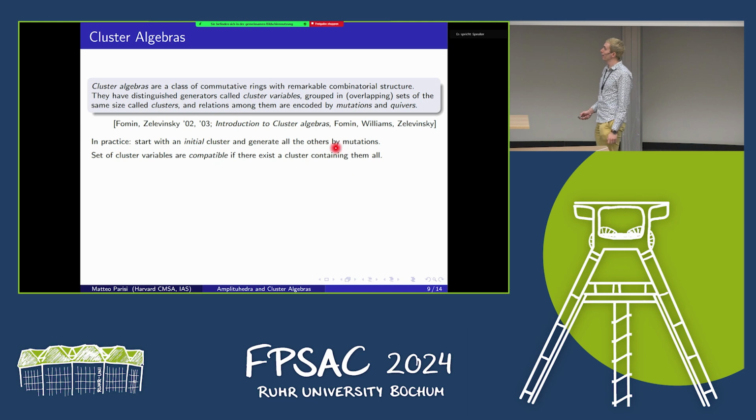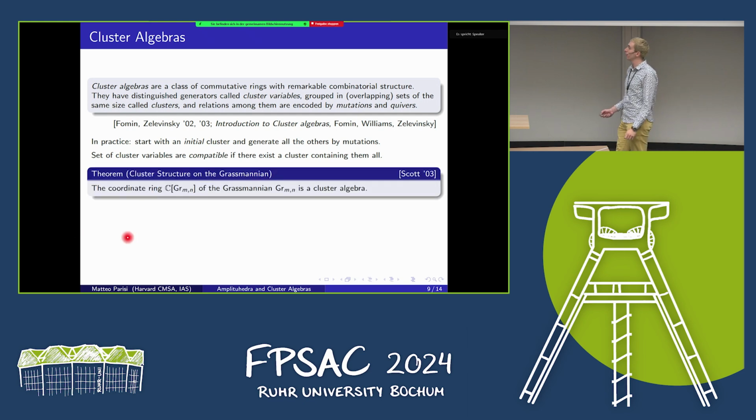Okay. Another notion that is important for us is that we say that a set of cluster variables are compatible if there exists a cluster that contains all of them. So this is quite important for us. We want to focus on the cluster structure on the Grassmannian, and Scott showed that the Grassmannian has a cluster structure, meaning that the coordinate ring of the Grassmannian is a cluster algebra.